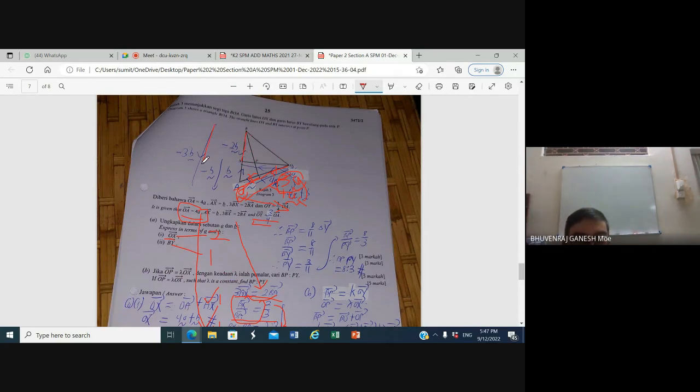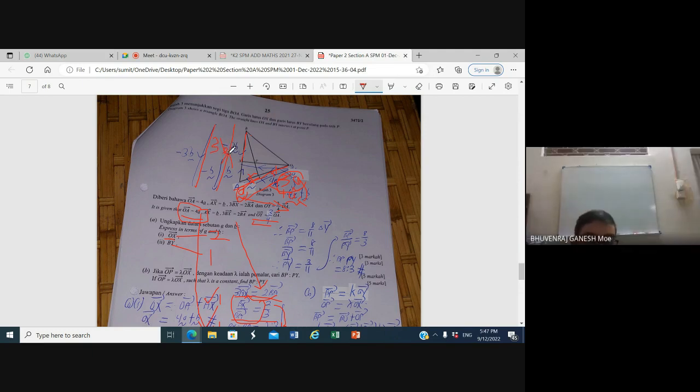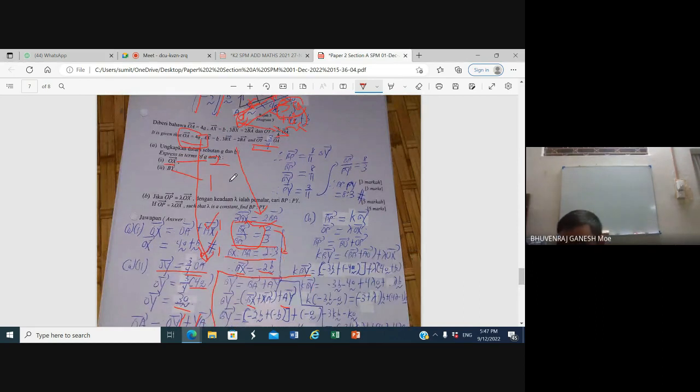Be careful of your direction. Here, why I put negative is because it's going in the opposite direction. When you go this way, you get what? If I go this way, positive, positive 3B, right? Yeah, so you must be aware of your direction, because the negative and positive sign can cause a lot of trouble if you're not aware.